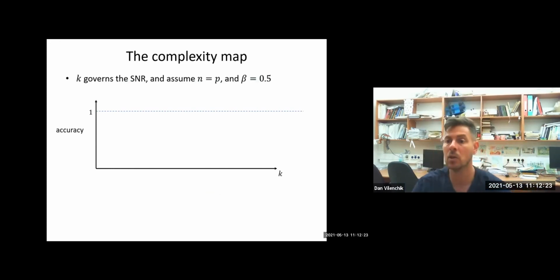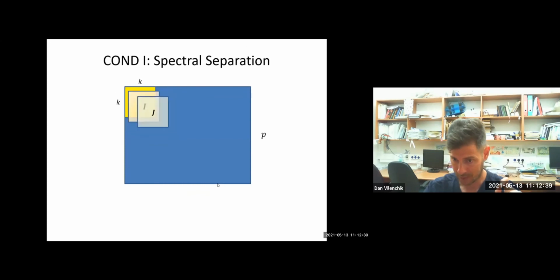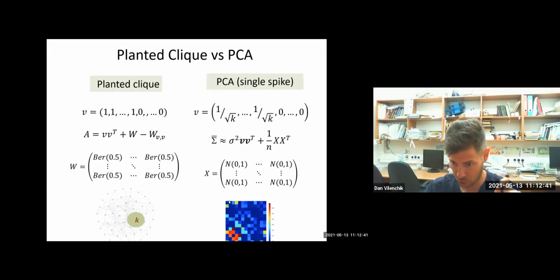Okay, so let's see the complexity map, how things look. Just for simplicity, let's assume that N equals P, and let's assume that beta is fixed, 1/2, for example. And then only K governs the SNR. In what sense? If we go back to this picture, the smaller the clique, or the larger this area here, the easier the problem.